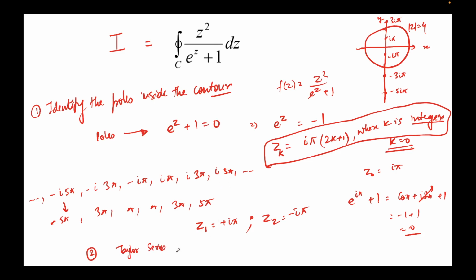I have to expand it first around z equal to i pi, then find the coefficient which will give me the residue. For the second part, I expand the Taylor series around z equal to minus iota pi, and this will give me another coefficient, which will be the second residue.